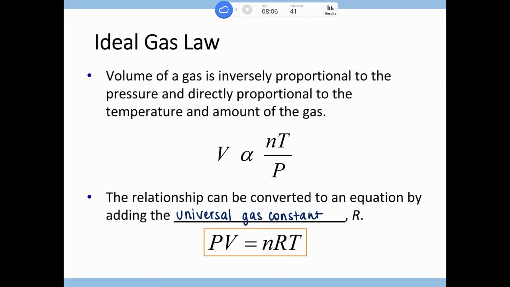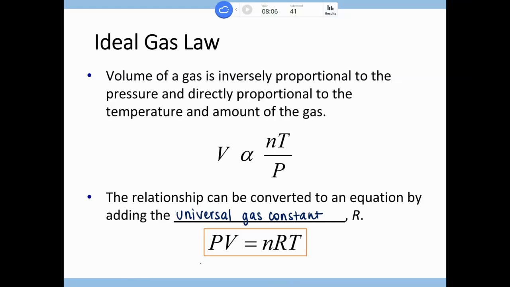But if you imagine multiplying both sides by P, then we have pressure times volume is proportional to amount times temperature. Here we have pressure times volume is equal to amount times temperature times this gas constant. So this gas constant takes into account that proportionality, and we can set those two values equal to each other.